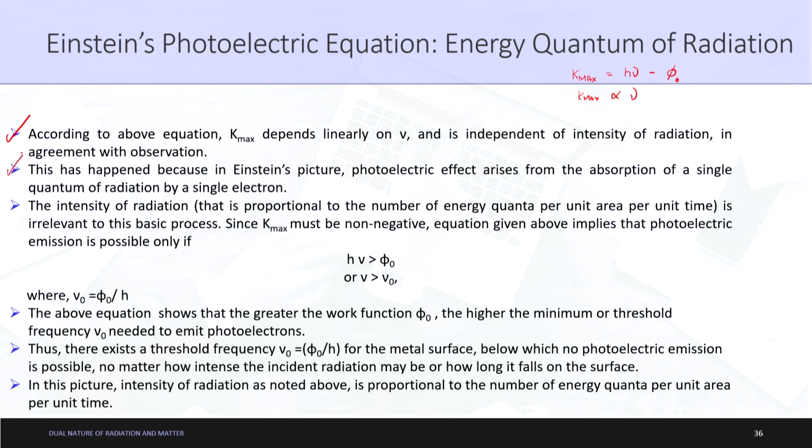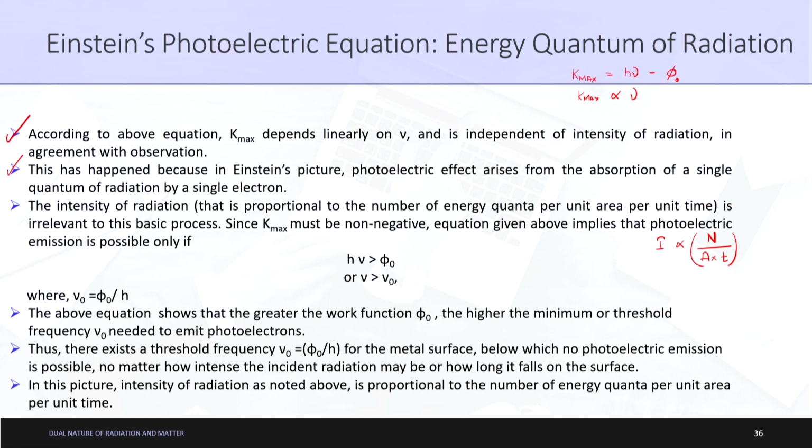The intensity of radiation is proportional to the number of energy quanta per unit area per unit time. So intensity is directly proportional to the number of energy quanta, n, per unit area per unit time. That is the basic crux, and it is irrelevant to this basic process, so there is no use of these things in the photoelectric equation.